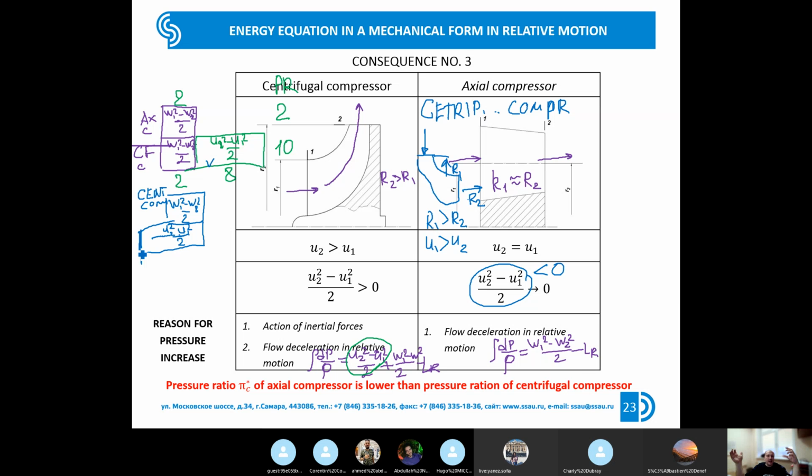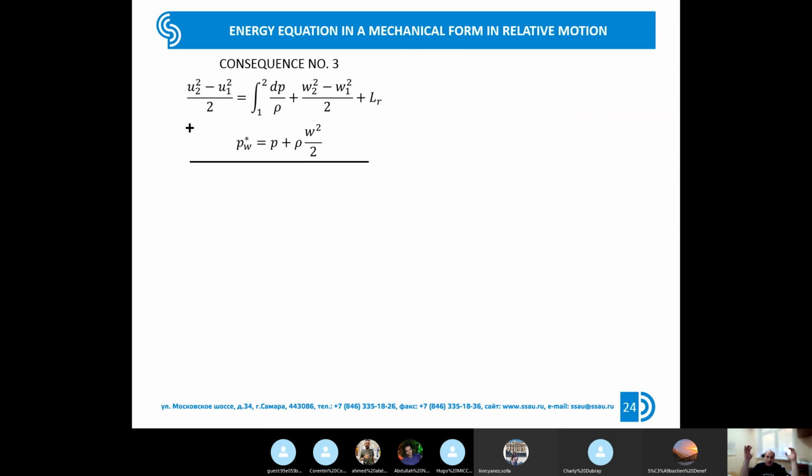And finally, we explain why centripetal compressors are not used in wide practice. I think it's a very important conclusion which we received using the mechanical energy equation in mechanical form in relative motion. So, okay, let's come further.